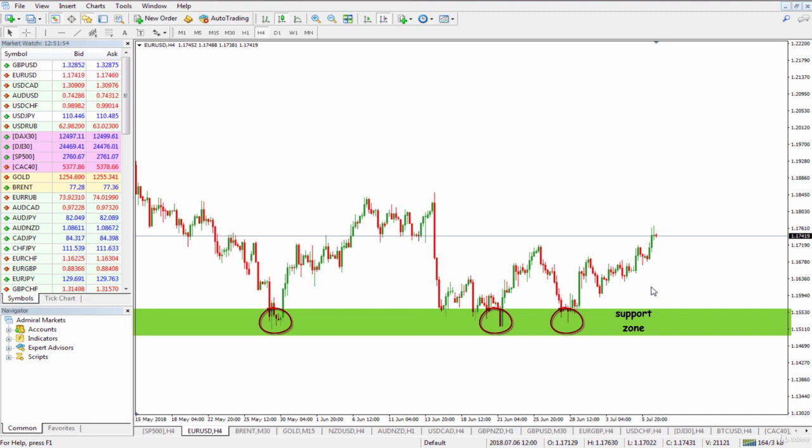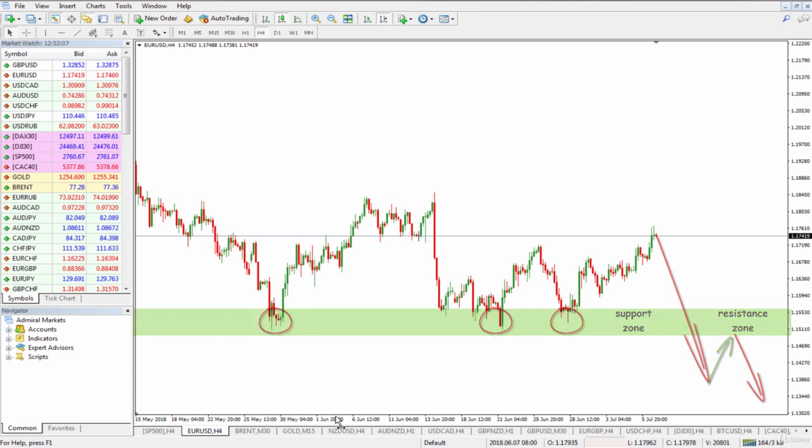If the price enters the zone, traders consider that the price will bounce off and continue to rise. But if the price still breaches this zone, then that same support zone becomes a zone of resistance from which we expect the price will bounce off if it approaches it again and continues to decline.